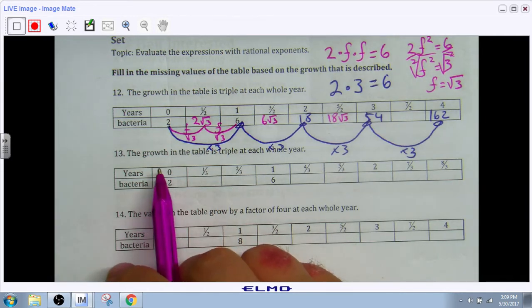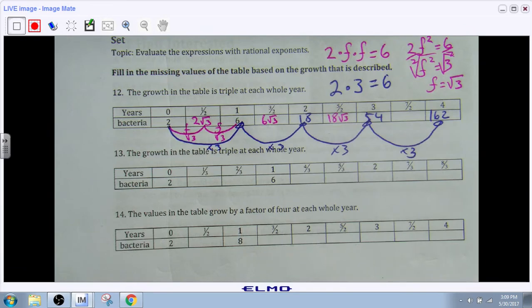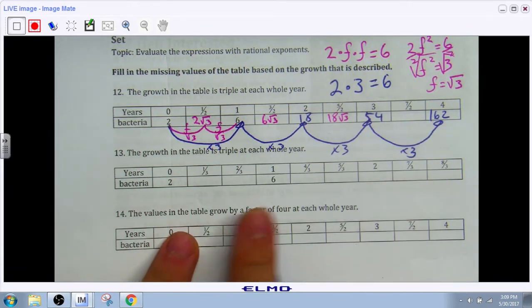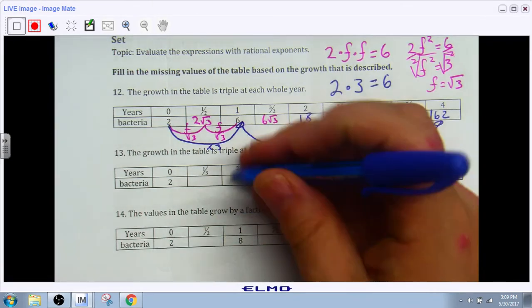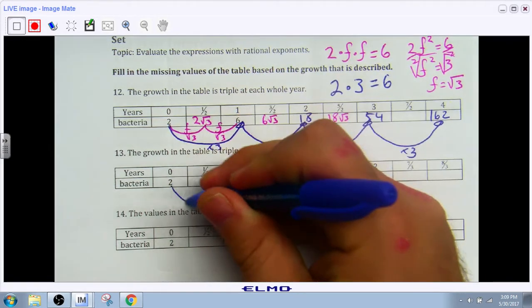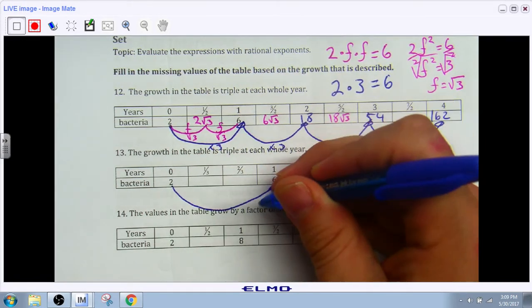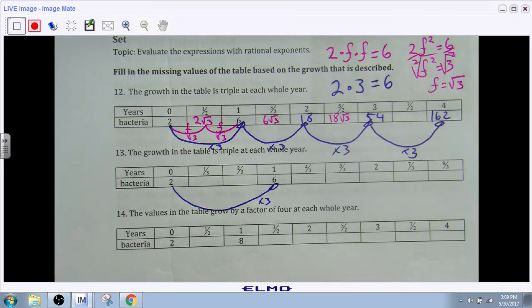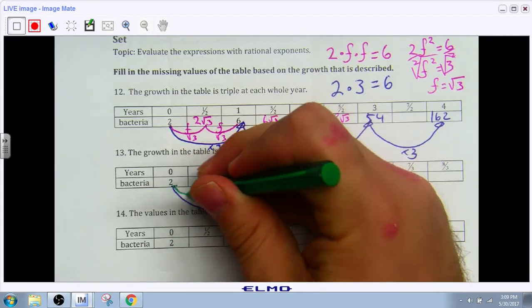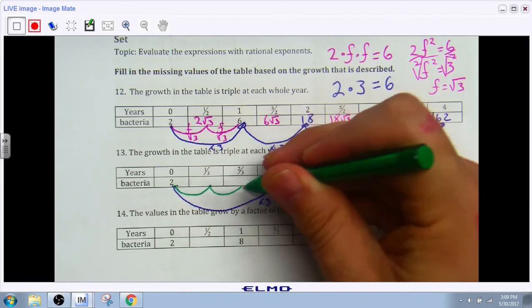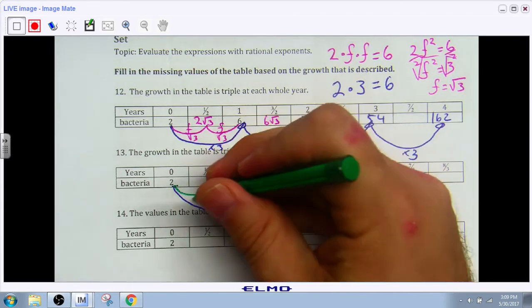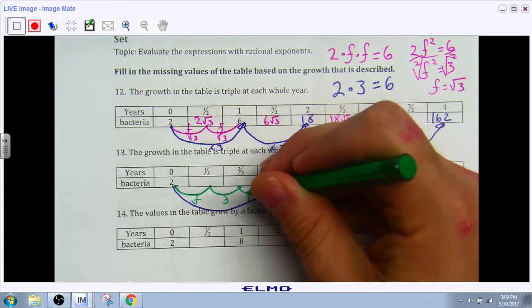13 is very much the same thing. The growth is tripled. So we have the exact same thing, except this time, instead of doing 1, 2 to get there, it's still times 3. This time we're doing 1, 2, 3 factors.